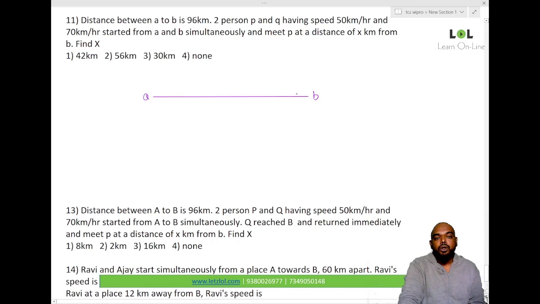Now, two persons P and Q, having speeds of 50 kilometers per hour and 70 kilometers per hour, start from A and B simultaneously.